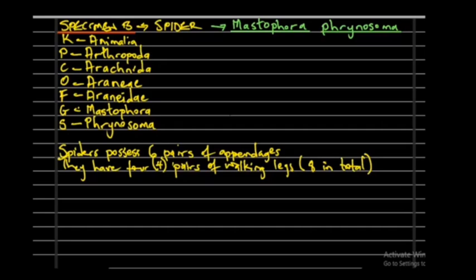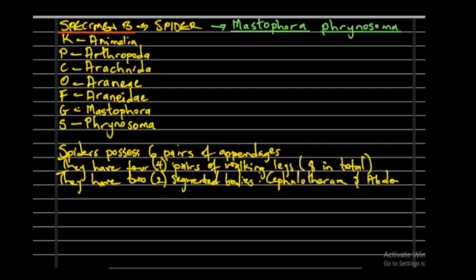But for the case of this study, I'll just put them into 2 parts: the head or the cephalothorax, and the abdomen. So that is about that.